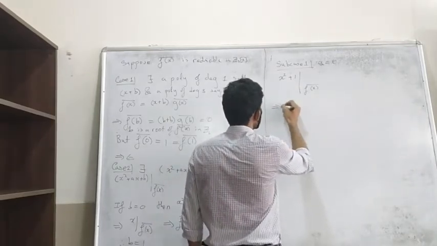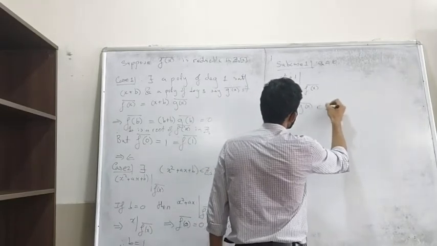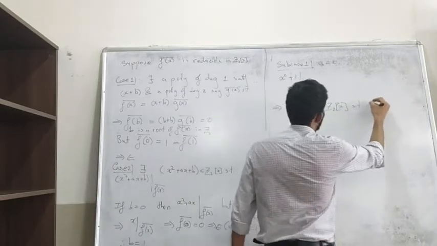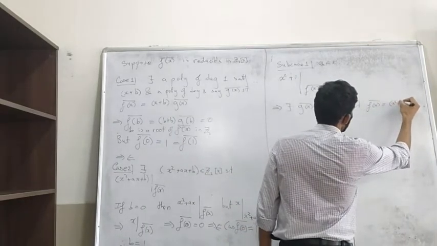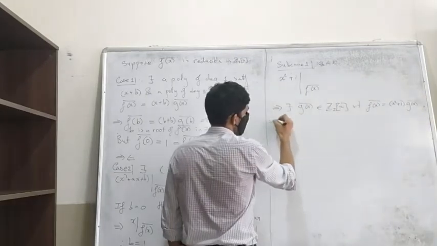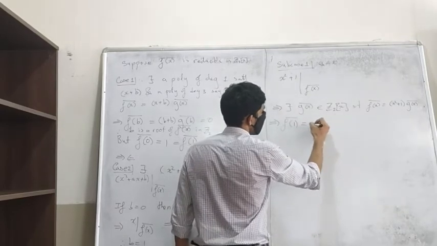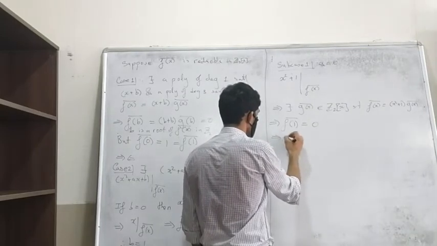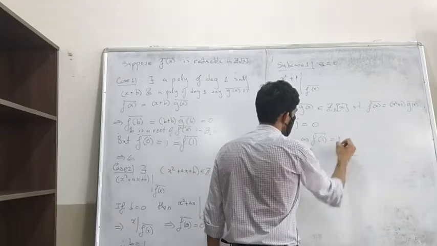Okay, let me write it like this. There exists some g of x bar in Z2[x] such that f of x bar would be equal to x square plus 1 times g of x bar. This would mean that f of 1 bar would be, this is 2, so you get 0. This is again a contradiction, as f of 1 bar is 1.